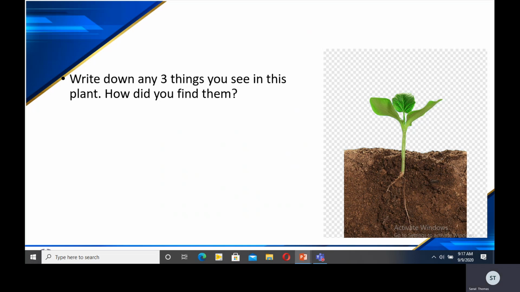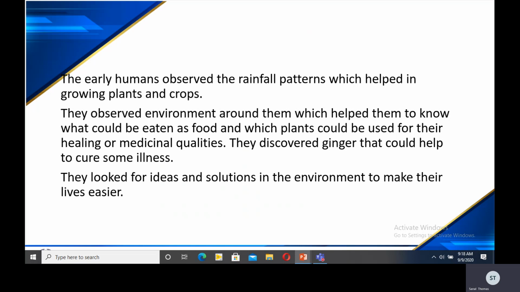So now we will learn how early people observed nature to make their lives easier. Early humans observed the rainfall patterns, which helped in growing plants and crops.